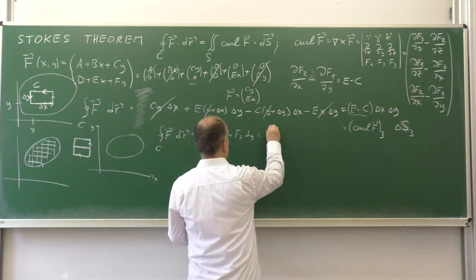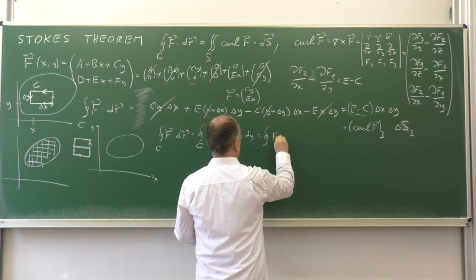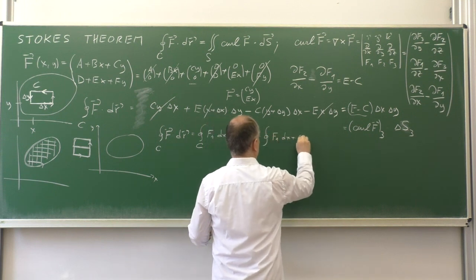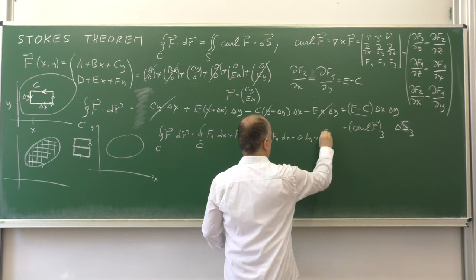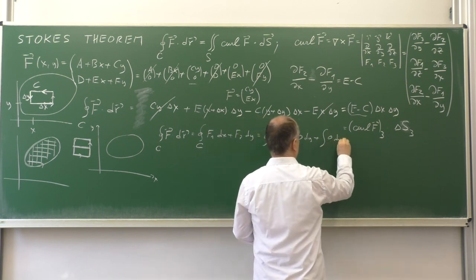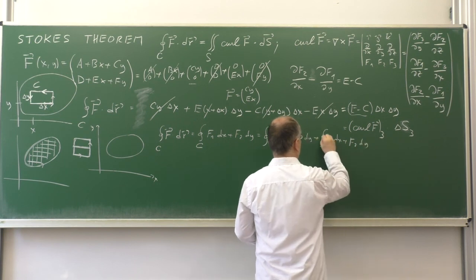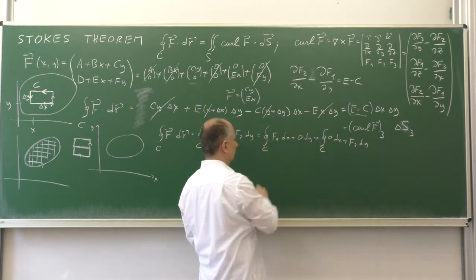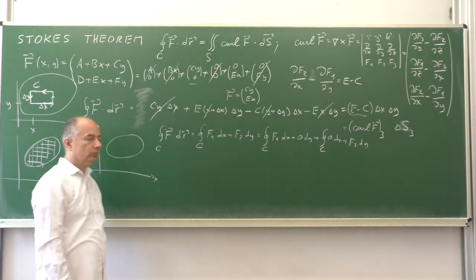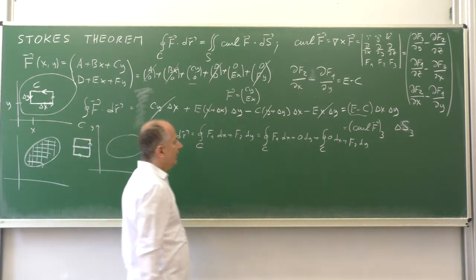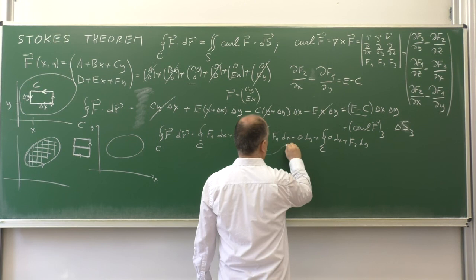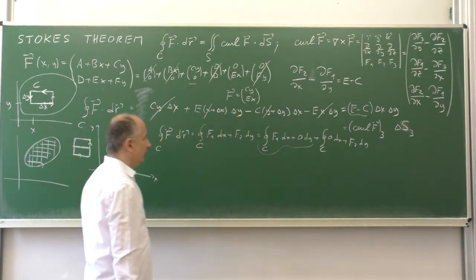Let me write it as f1 dx plus 0 dy plus 0 dx plus f2 dy. And then let's have a look at the first contribution first.